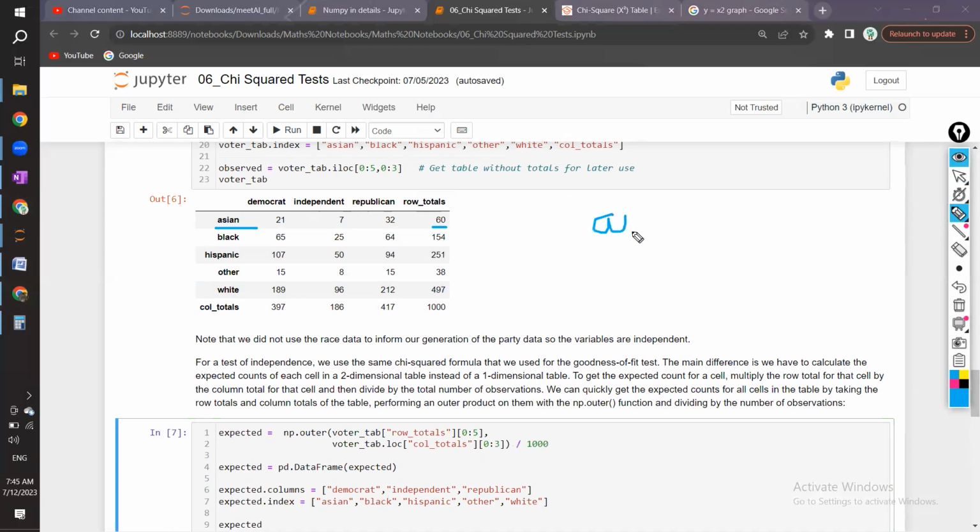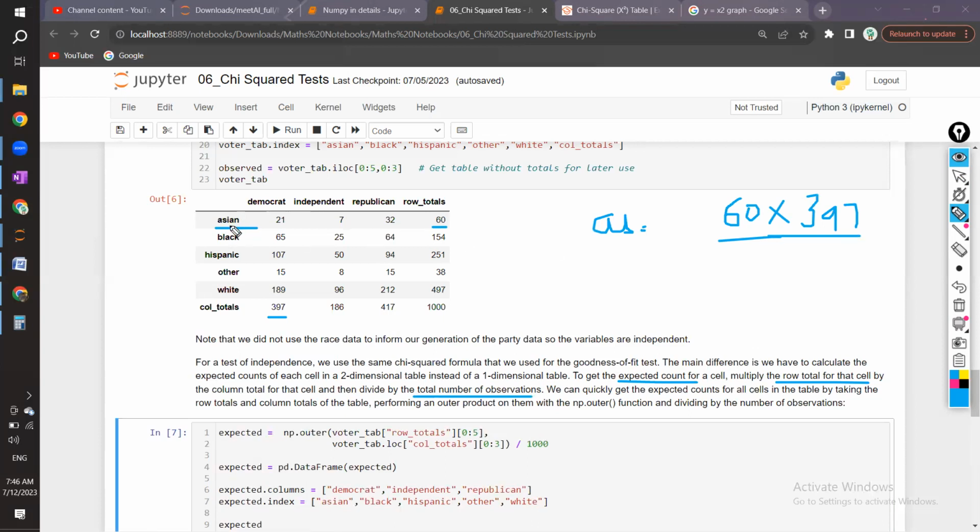To get the expected value, multiply the row total for that cell by the column total. 60 into what is the column total? 397. And then divide by the total number of observations.